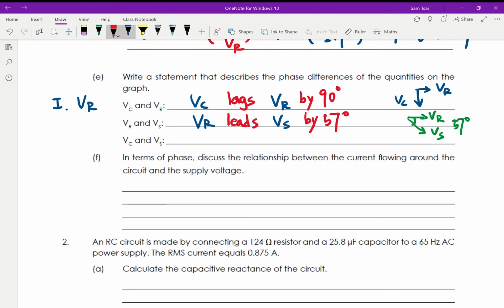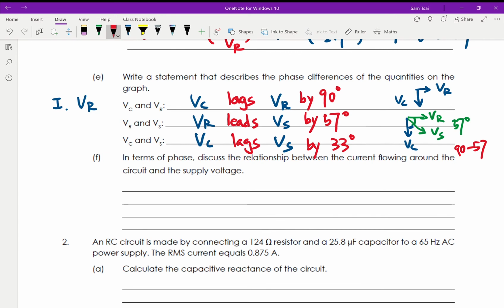Okay, and now VC and the VS. VC is here, and it is behind, am I right? So it lags. And by how many degrees? 90 minus 57 is 33 degrees.